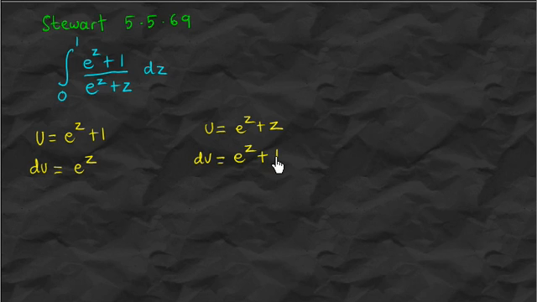Now, the second criterion to find the right u is that whenever you pick a u and take the derivative of that u, the result of that derivative must belong to the integrand. What I'm trying to say is that we can find this e^z + 1 somewhere in here.